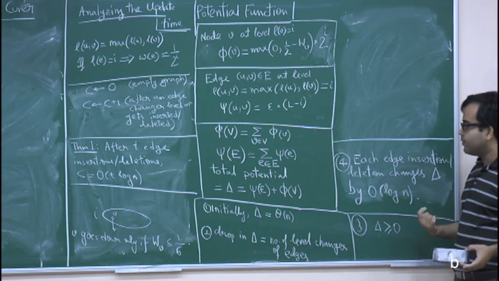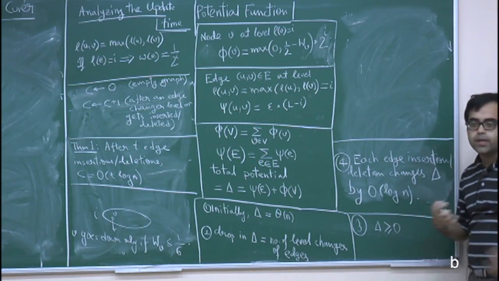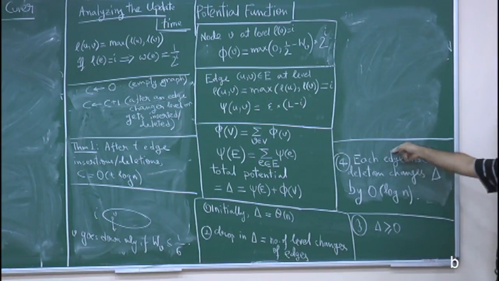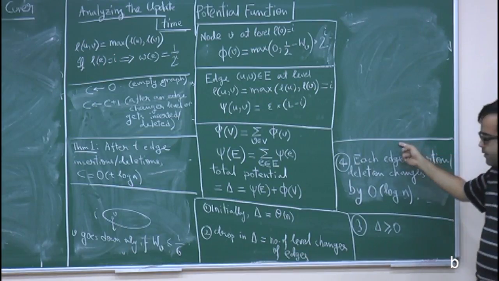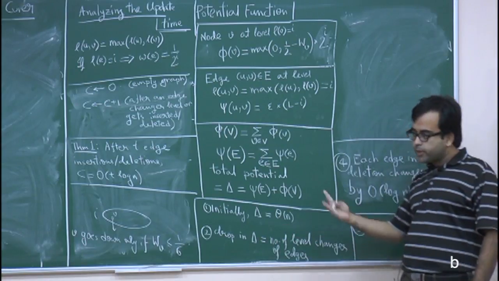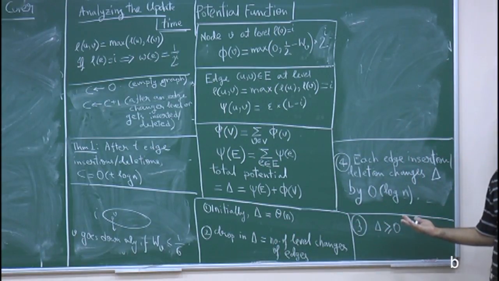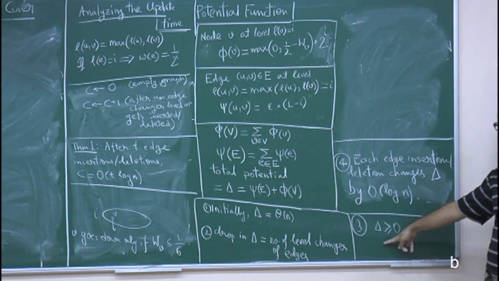So, then you argue that for T edge insertion deletions, what could have been the total deposit into my account? By condition 4, it can be at most T log n, and you know that the total withdrawal from your account is proportional to the total work done by the data structure, and you know that the account has non-negative balance.